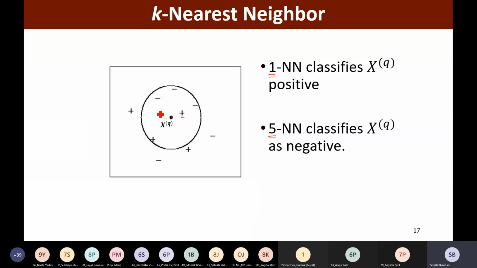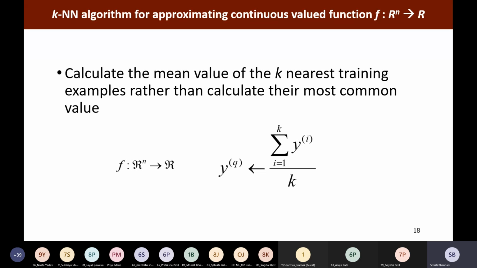And if we apply our logic to find the majority class, then obviously 3 samples belong to the negative class and these 2 samples belong to the positive class. So XQ will be predicted as negative if k equal to 5. So please remember, depending upon the value of k, our prediction may be different.